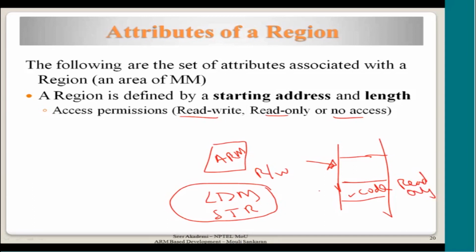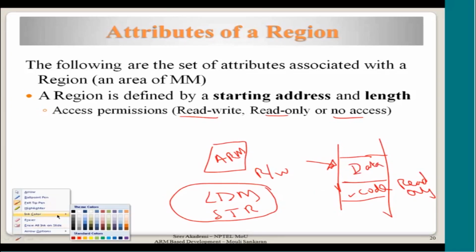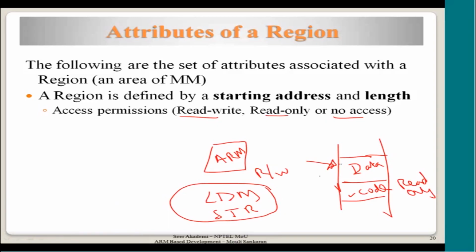This is understood. Now for the data area, there are two possibilities. One could be that I want a constant location. I store all the constants of the program there, const, as you might have seen in a C program. So I want to keep all the consts here. That means this data area maintaining constant values must not be written, even by our own program.